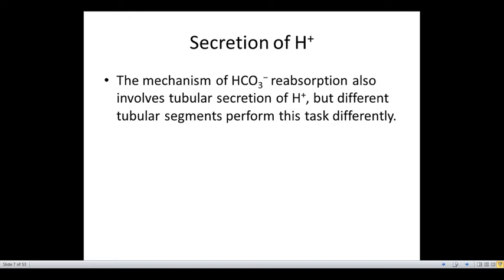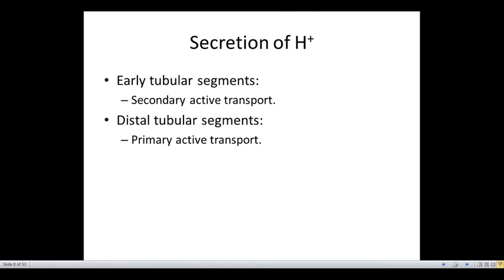To study secretion of hydrogen ions, we will divide the renal tubule into early and late segments. The secretion of hydrogen ions in early tubular segments is by secondary active transport, and the secretion of hydrogen ions in the distal tubular segments is by primary active transport.